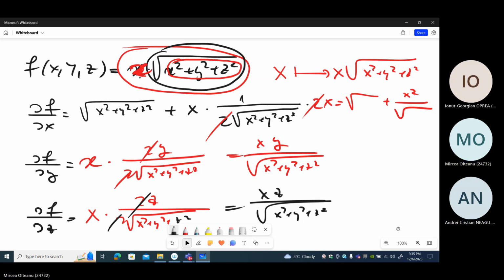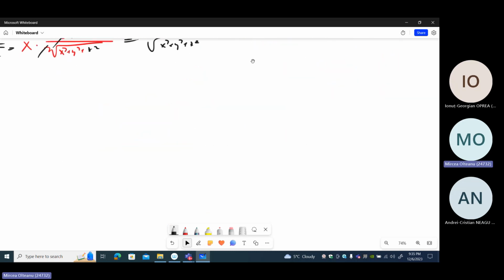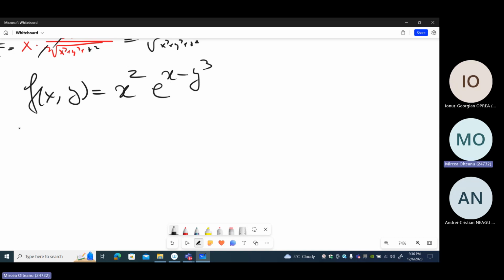Okay, let's see another example. f of x and y equals, let's say, x squared times e to the power x minus y cubed. This is a function of two variables. Let's compute the partial derivatives with respect to x.